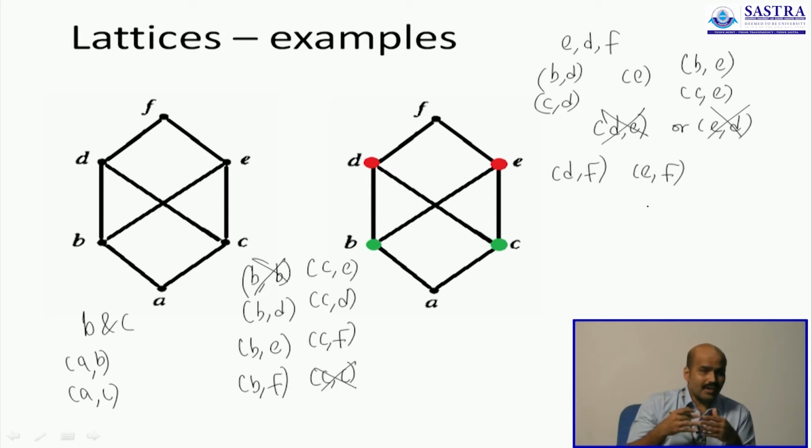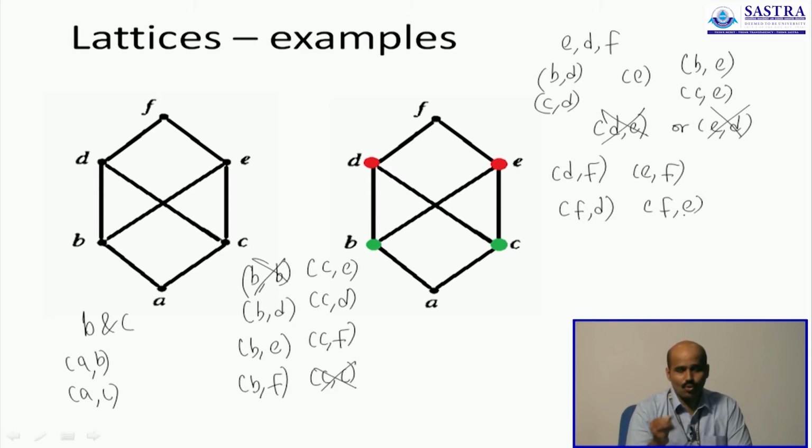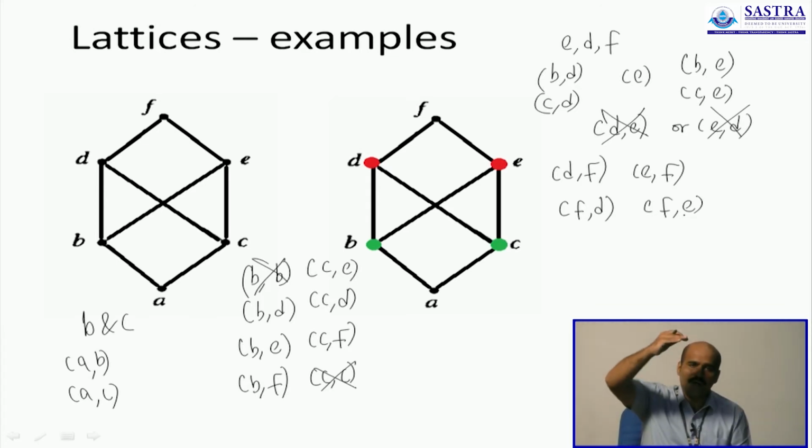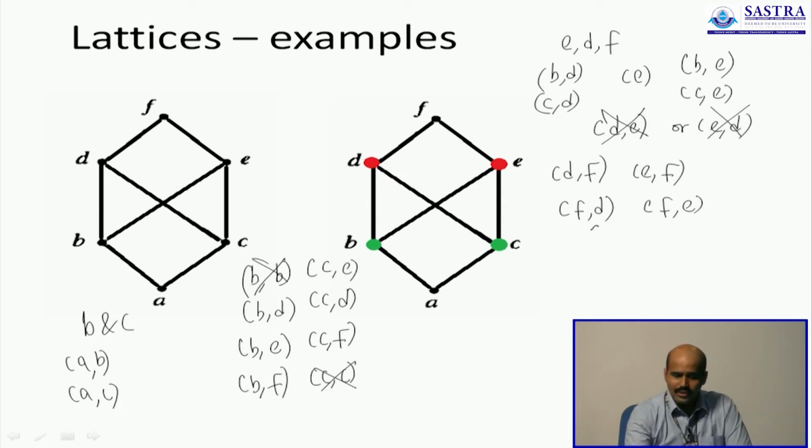Okay, what if we consider F? F clearly is an upper bound for both B and C. However, you see that FD is absent, you don't have FD. FE is also absent, you don't have FE, because F is strategically placed above both these points at a greater height compared to the point A. So you don't have both these.